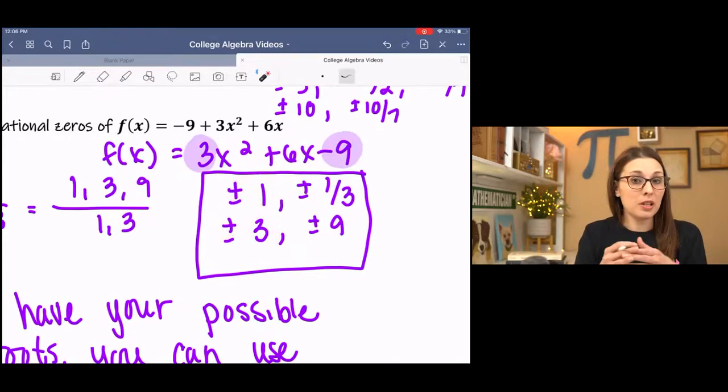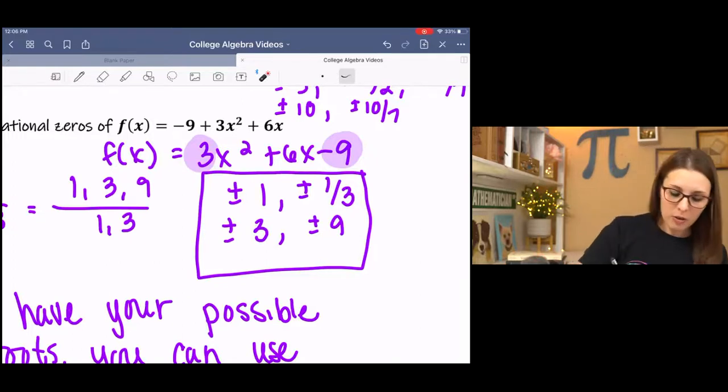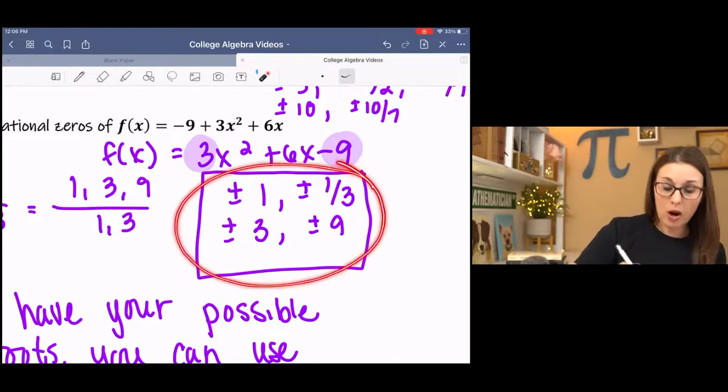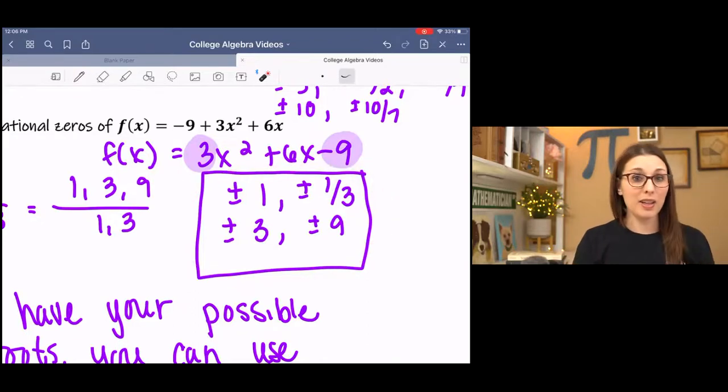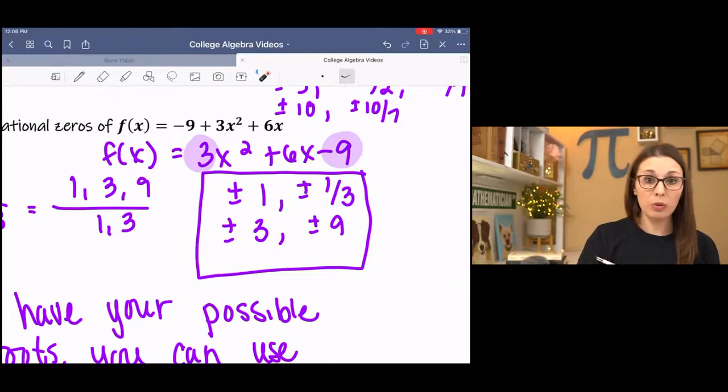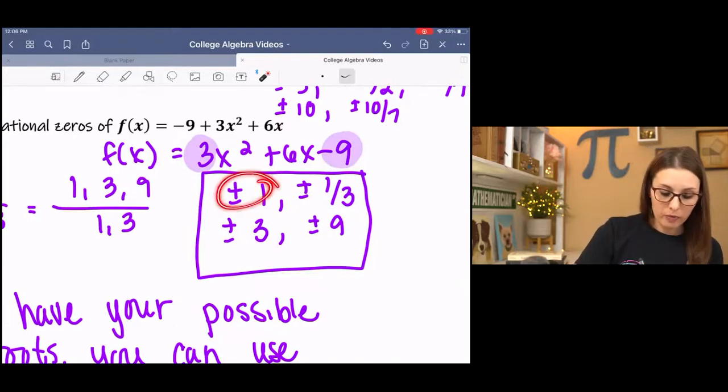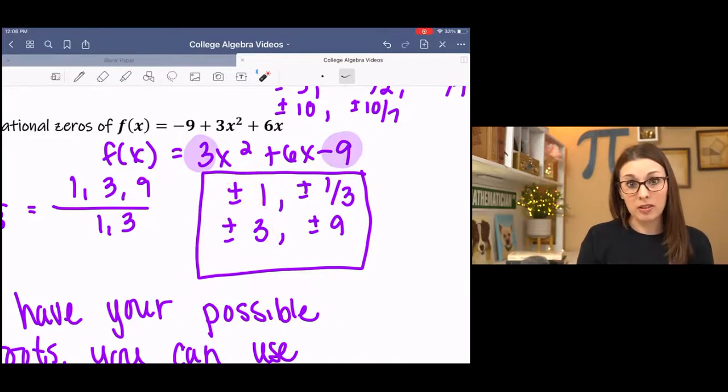And so let's pretend maybe we didn't have the table of values or the graph and we had no idea how to factor. Then we could list out these possibilities, test each possibility, and we would find that two of the zeros are in the list.